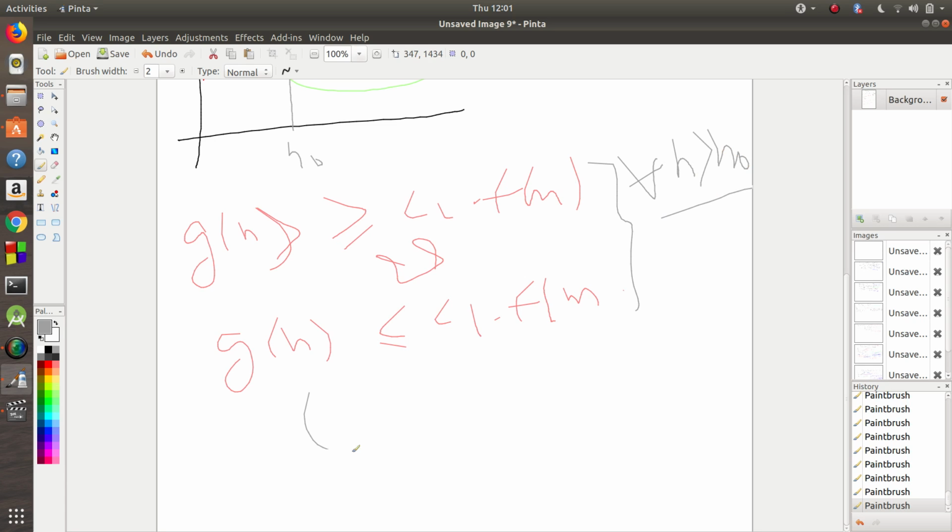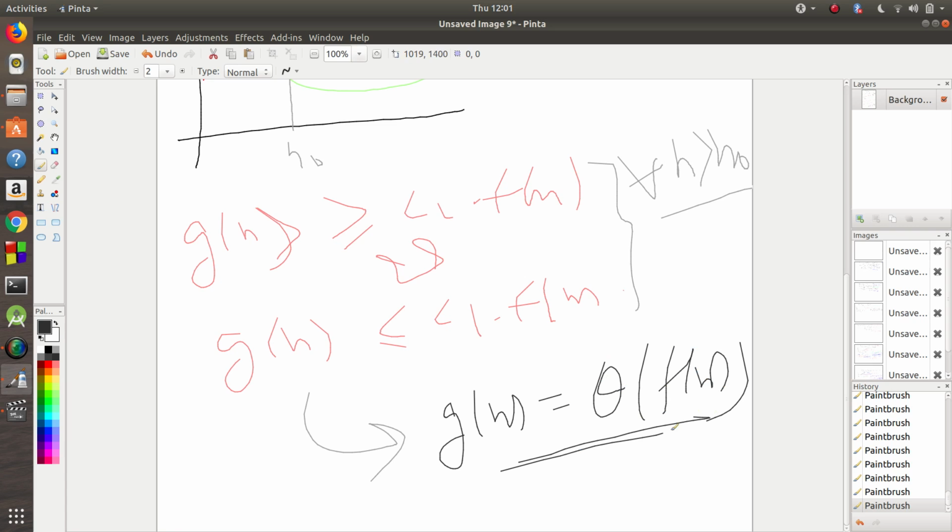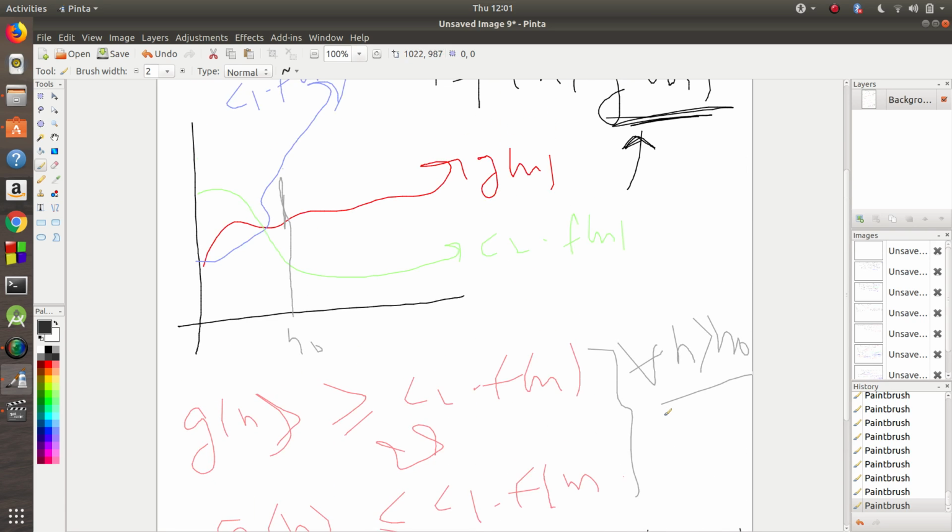Then we just say that g of n is equal to theta of f of n. So that's what theta notation is all about.